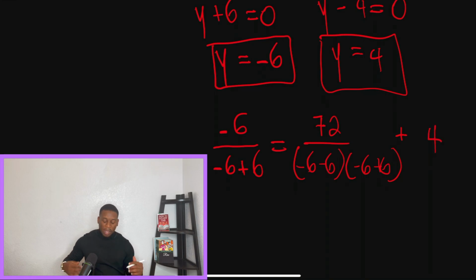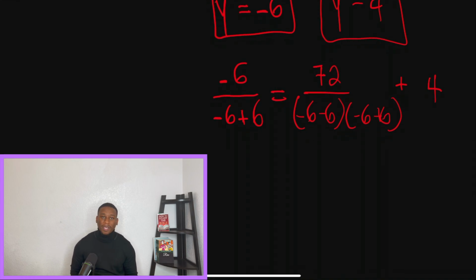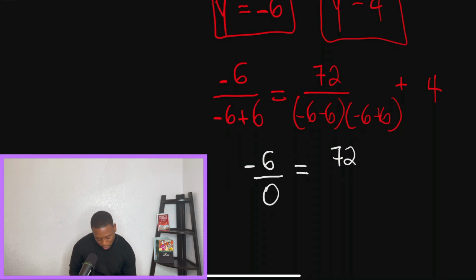All right. So now we substituted in, and we're noticing something here. So once we do this, guys, we're going to get negative 6 divided by 0 is equal to 72 divided by negative 12 times 0 plus 4.